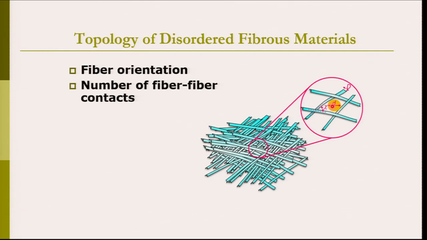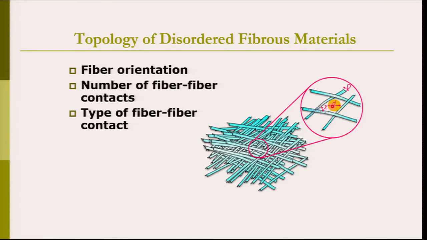It also influences the number of fiber to fiber contacts, which depends significantly on how the fibers are aligned in the system. If all the fibers are aligned in one direction, then you will have the minimum number of fiber to fiber contacts, but if they are oriented randomly within the structure, then you will have the maximum number of fiber to fiber contacts.